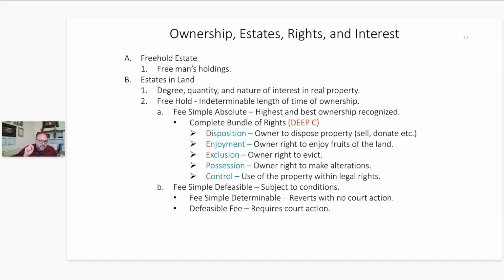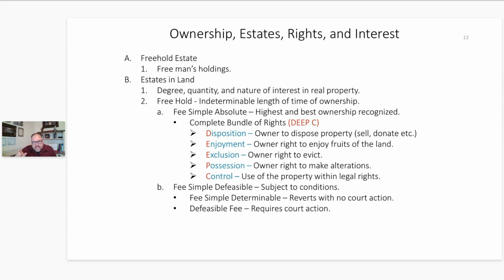You want to know this: fee simple absolute is the highest and best ownership recognized in the land. You get the complete bundle of rights: disposition, enjoyment, exclusion, possession, and control. Again, the highest and best ownership recognized in the land.